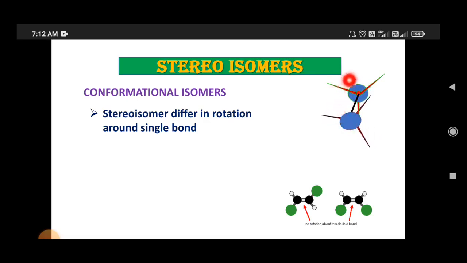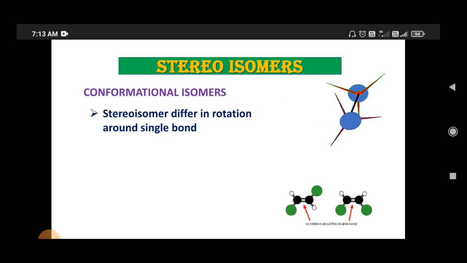This conformation is known as the anti-conformation of ethane, or staggered conformation. So by rotating the carbon-carbon sigma bond, we get two isomers in ethane. One is eclipsed, another one is staggered. Syn and anti-conformation. These isomers are known as conformational isomers.